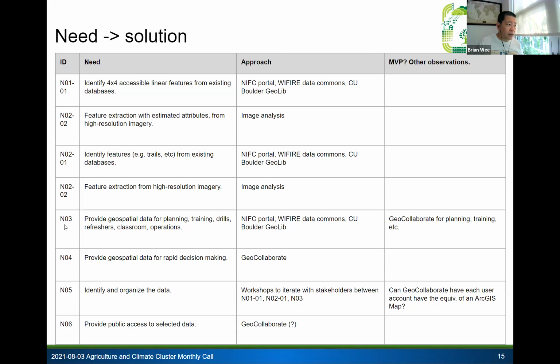I also identified need 3, provide geospatial data for planning, training, drills, refreshers, classroom, as something GeoCollaborate could fill the role for, because I remember Dave Jones saying that in wargaming exercises with the National Weather Service, FEMA and some other folks, they have used GeoCollaborate in training and wargaming to get people familiar with the existing data that can be used for decision making. I think with that, I want to stop here because we have about 15 minutes left.